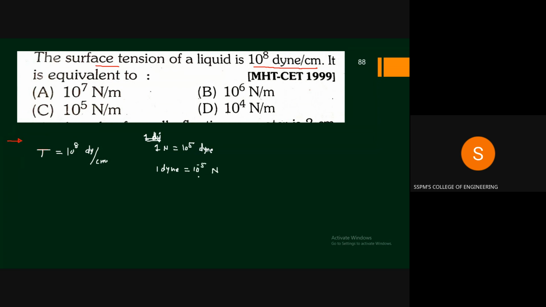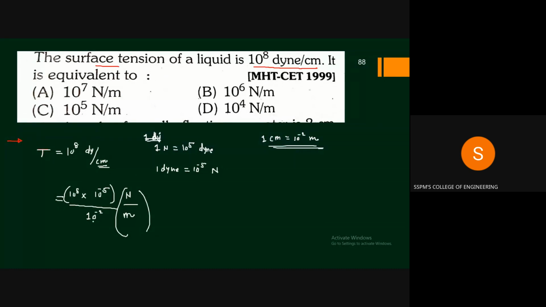So you can put this value in this equation. 10 raised to 8 into 10 to the power minus 5, so this will be converted into Newton, divided by centimeter, where 1 centimeter is equal to 10 to the power minus 2 meter. So just multiply by 10 to the power minus 2, so this will be in meter, and the final unit will be Newton per meter.